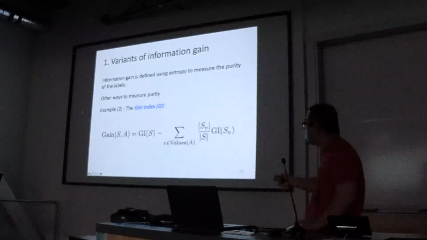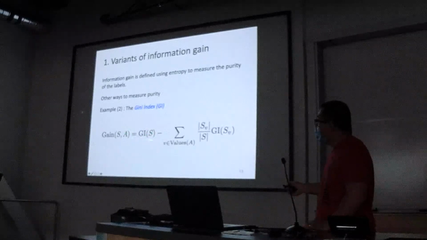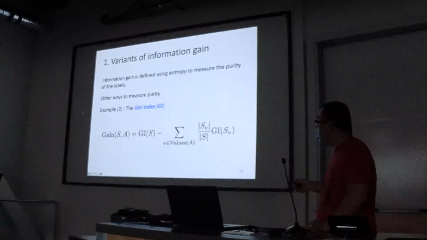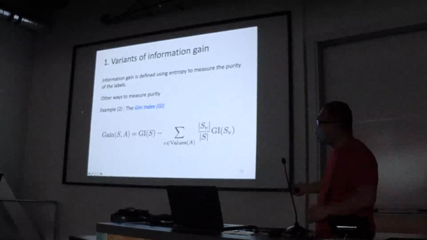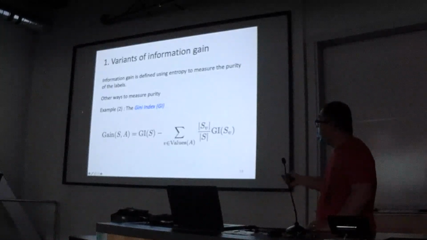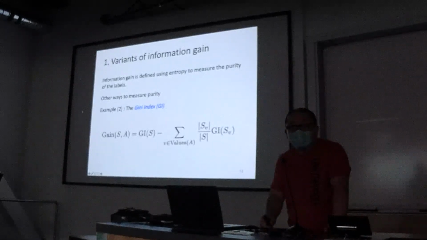We follow the same framework. Before we use A to split S, we get the Gini Index for the whole data set. After we use A to split the data set, we get the Gini Index for each subset. We calculate the weighted average, which is the expected Gini Index. We calculate their difference, which indicates the improvement of the purity after using A to split the data set.